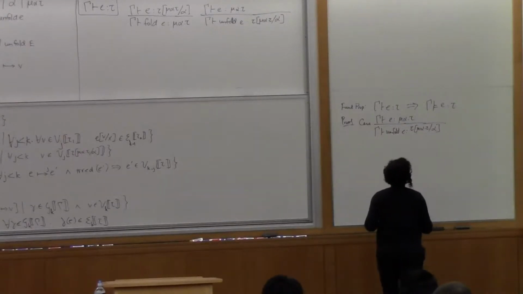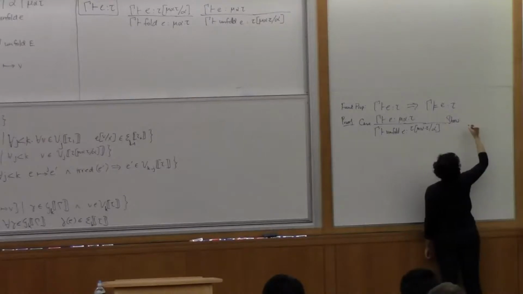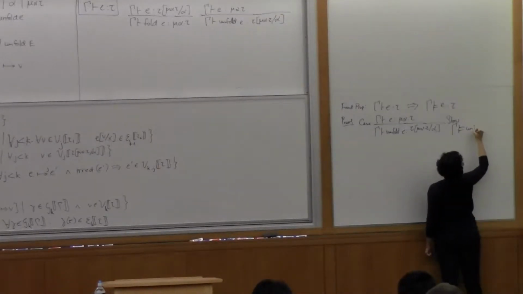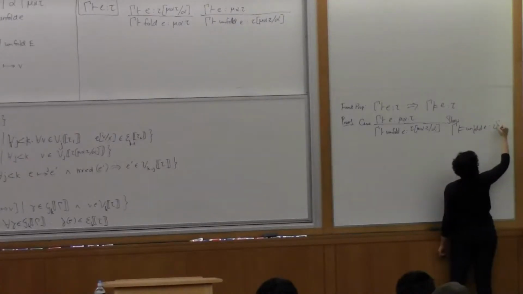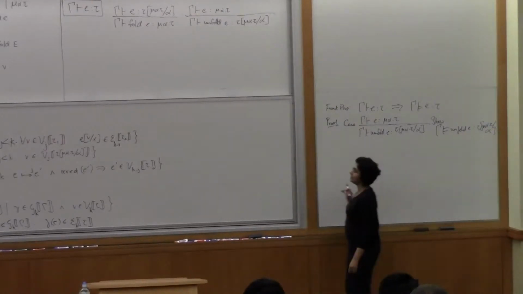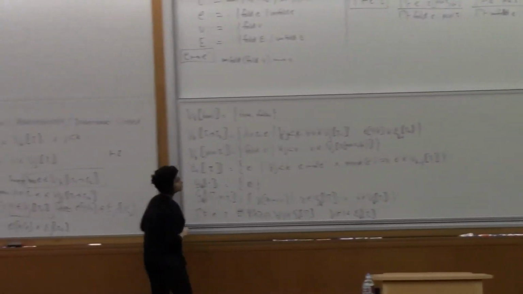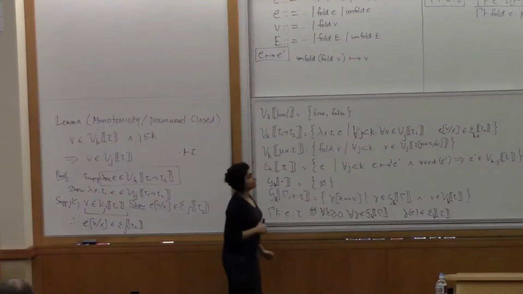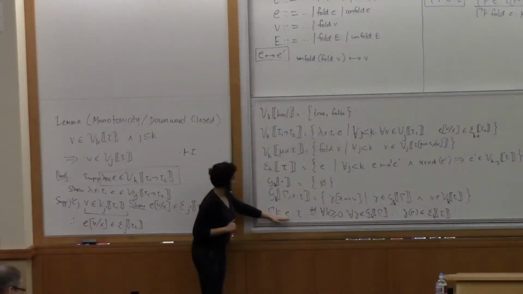Okay, what we have to show is that unfold E semantically behaves like it has type tau with mu alpha tau for alpha. Sorry, it got squished over there. Okay, so we have to show that unfold E behaves like that unfolded type.